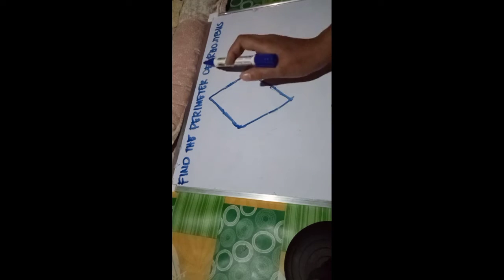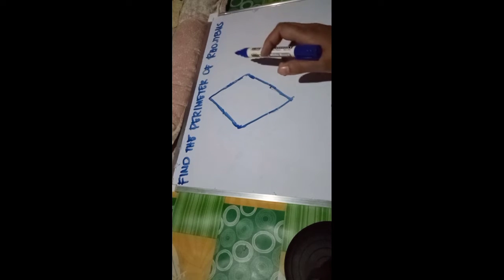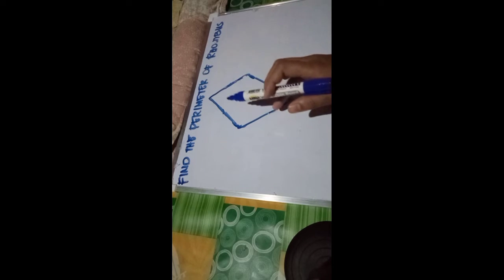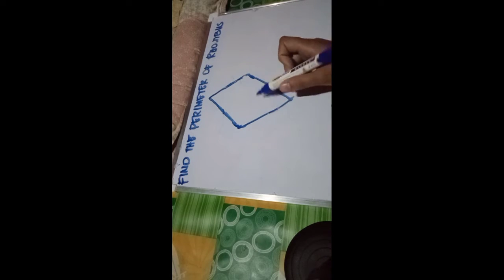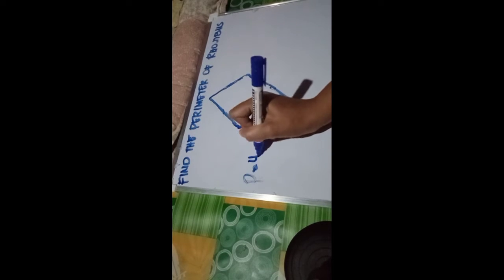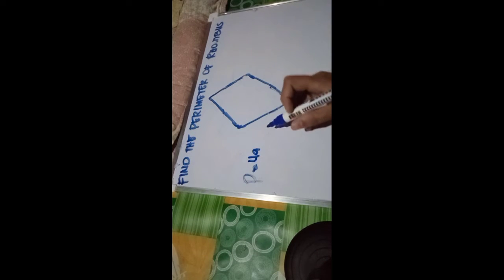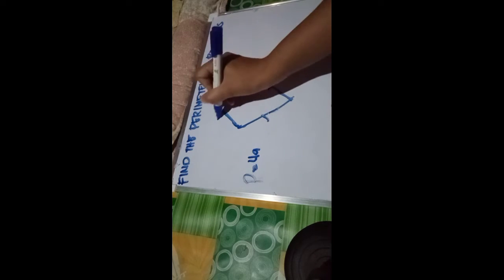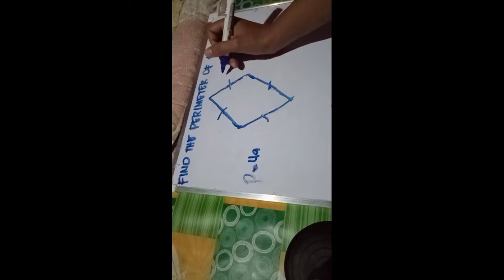Since all four sides of a rhombus are equal, the basic formula to find the perimeter of a rhombus is P equals 4A, where A is the side of the rhombus. This is the side of the rhombus, so the sides of the rhombus are equal.